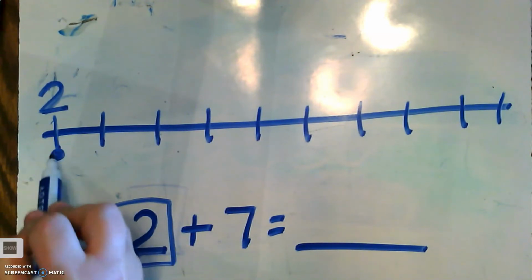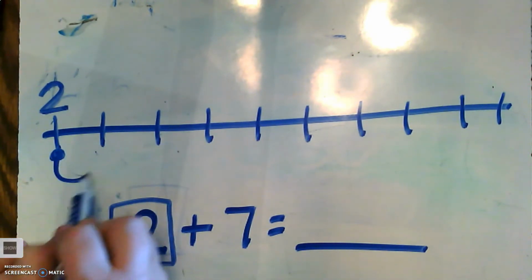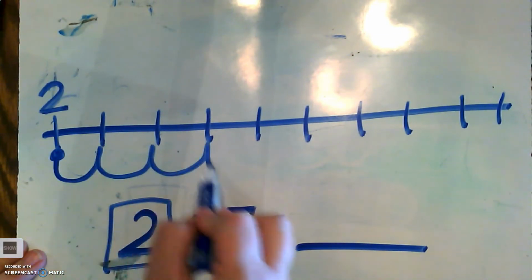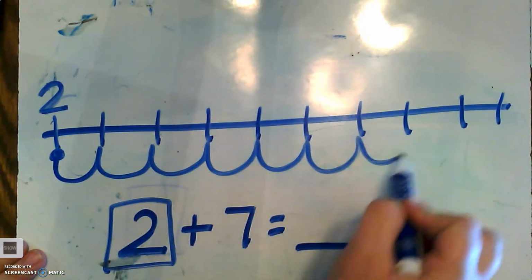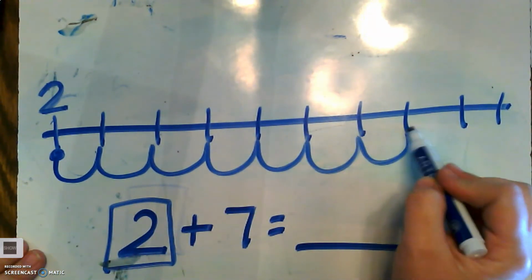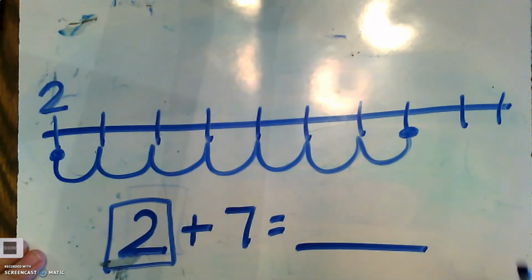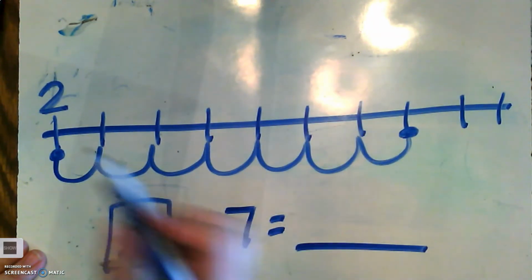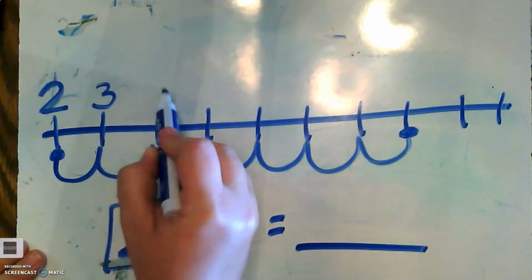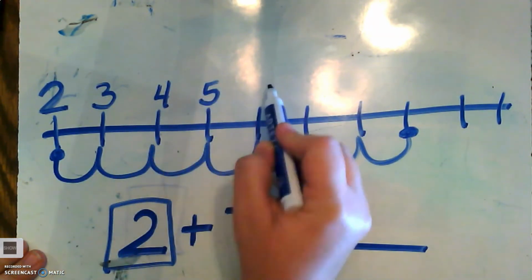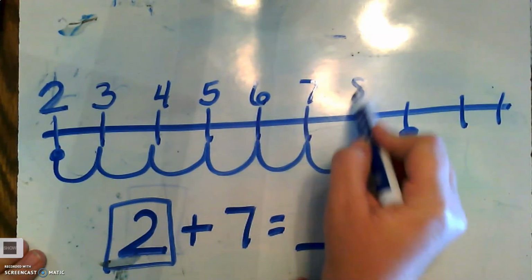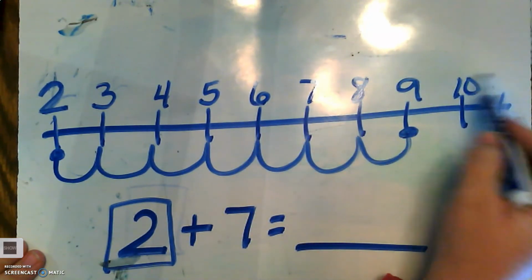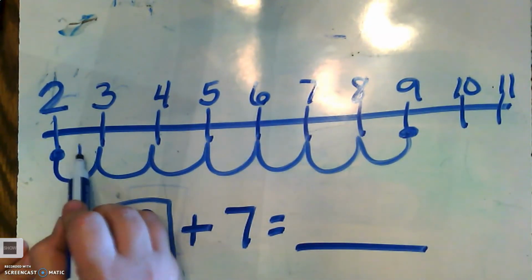I'm going to start here. And remember, you got to move to make 1, 2, 3, 4, 5, 6, 7. So I landed here, which is great, but I have no idea what number that is. I got to write my numbers in, right? So 2, this was 3, 4, 5, 6, 7, 8, 9, 10, 11. So let's count.